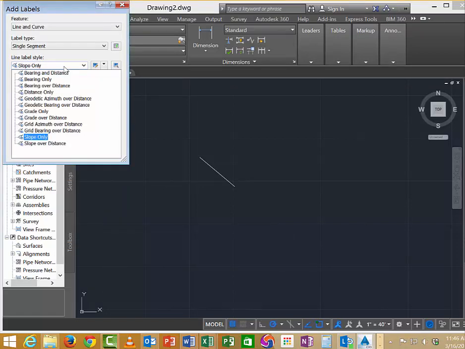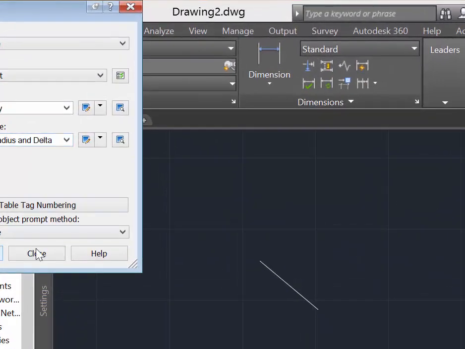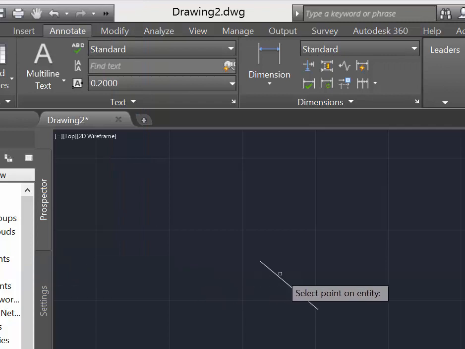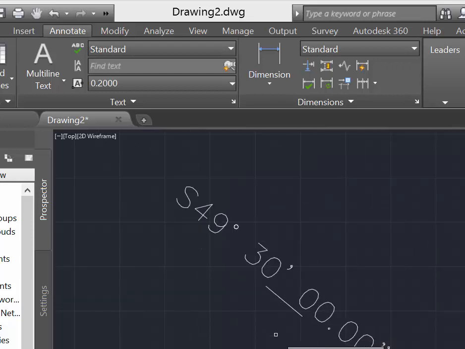Give me the bearing. And there we go. If you want to cheat, it's not cheating to me if you can use this tool. That's actually the correct answer in the book. The bearing is south 49 degrees, 30 minutes.